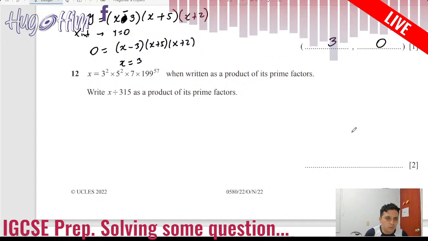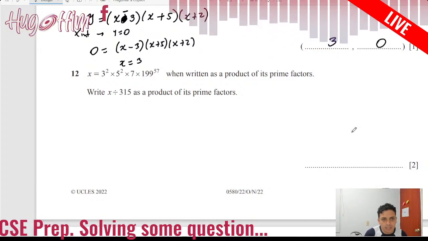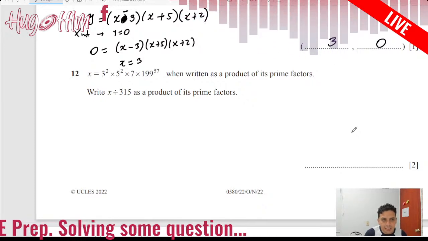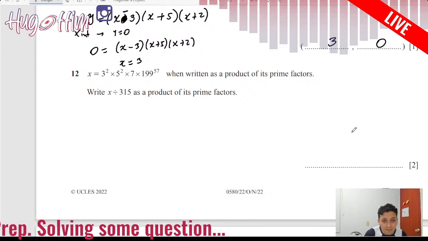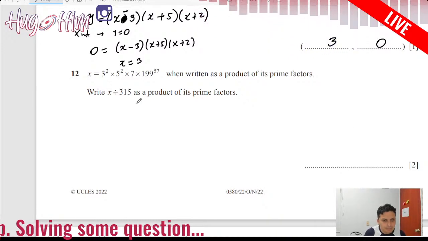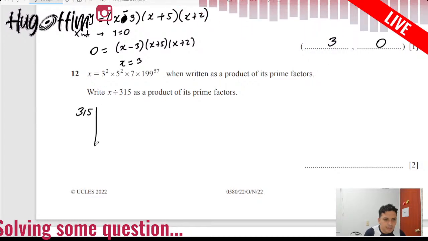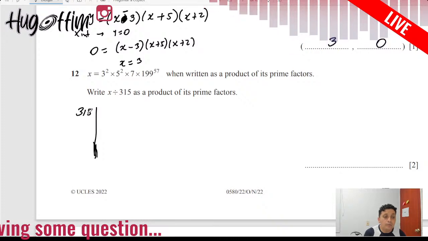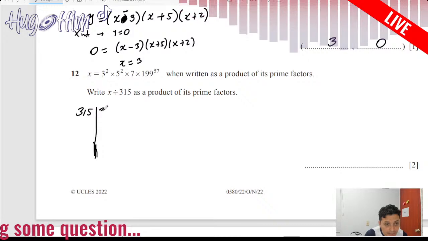x equals 3 squared times 5 squared times 7 times 199^57 when written as a product of its prime factors. Write x divided by 315 as a product of its prime factors. Oh my god. Okay, so I guess I need to write 315 as a product of prime factors. 4 and 5 is 9, so it's divisible by 3.